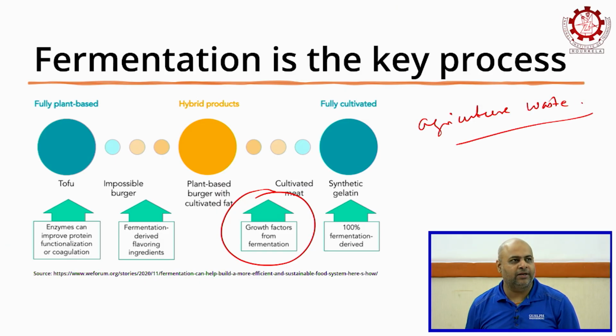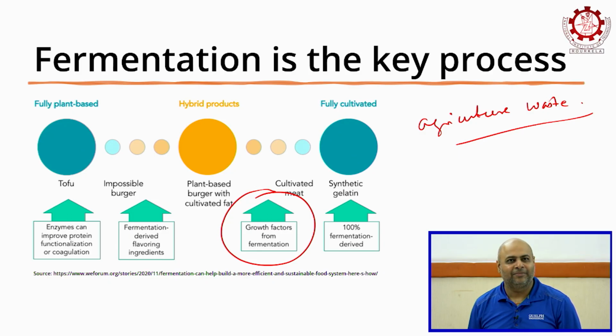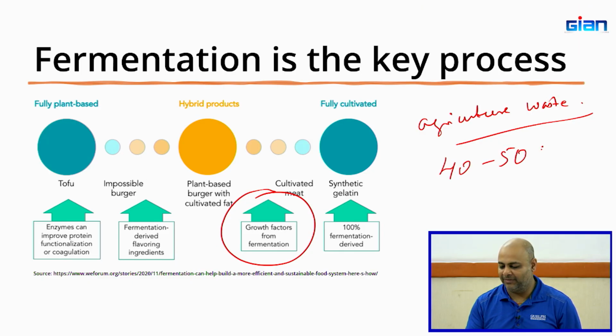How much of our agriculture produce is wasted, in percentage? Guess. 10%, 20%, 30%, 1%, 2%, 30 to 40, 40? It depends. Somewhere between 40 to 50%.